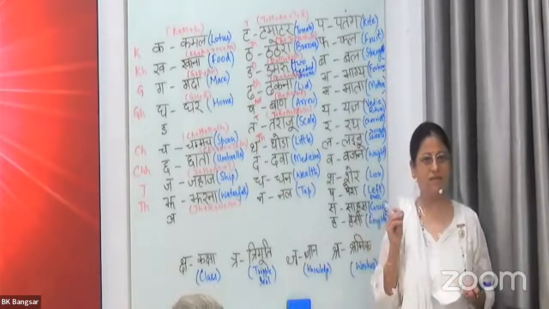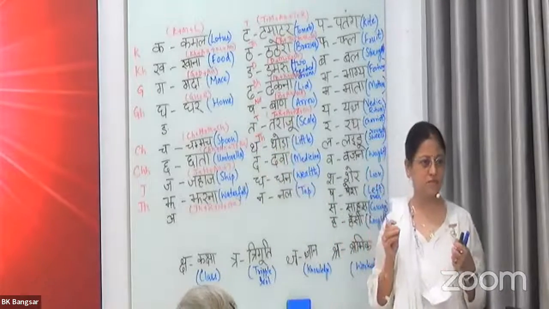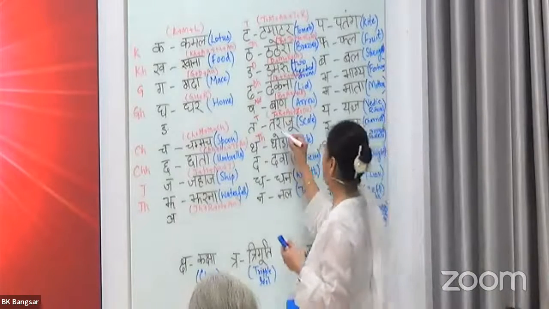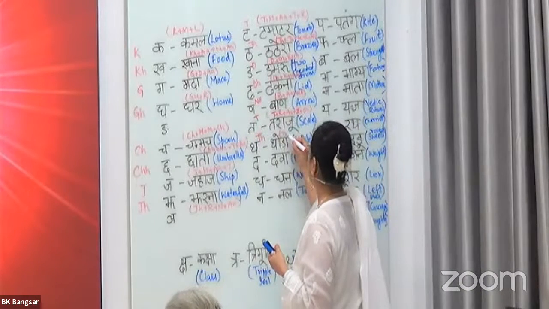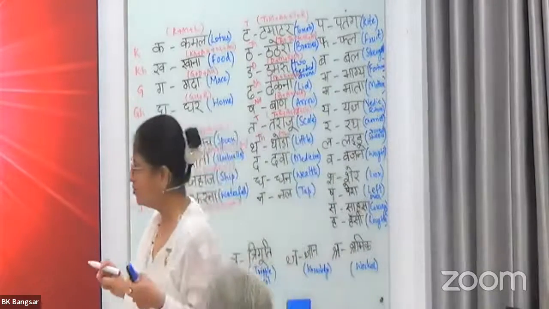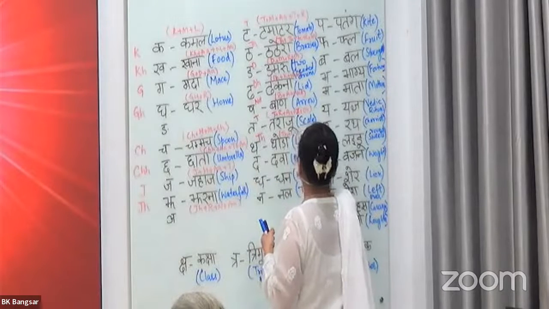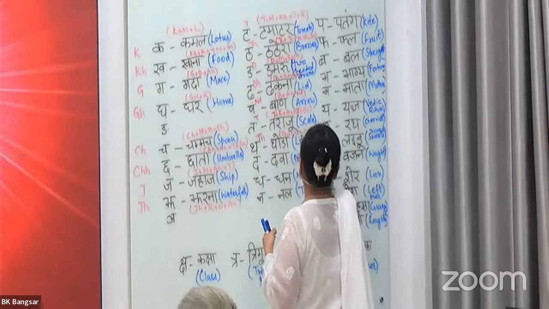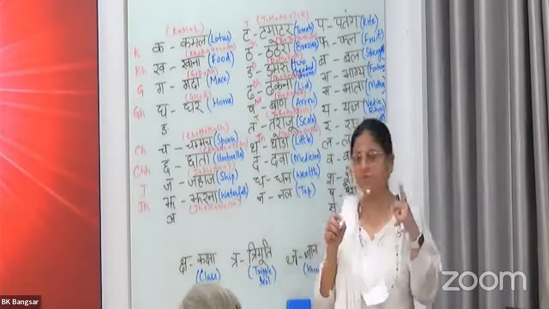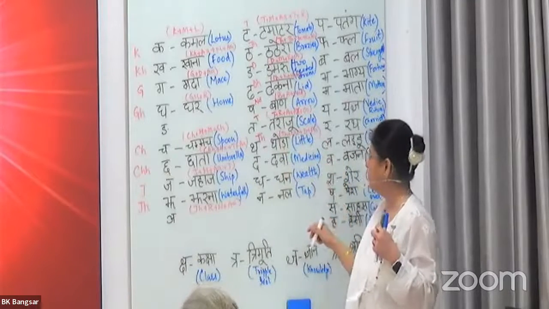Then is tha. Tha is thoda, little. Thoda. O, because it is one single O, it is thoda.